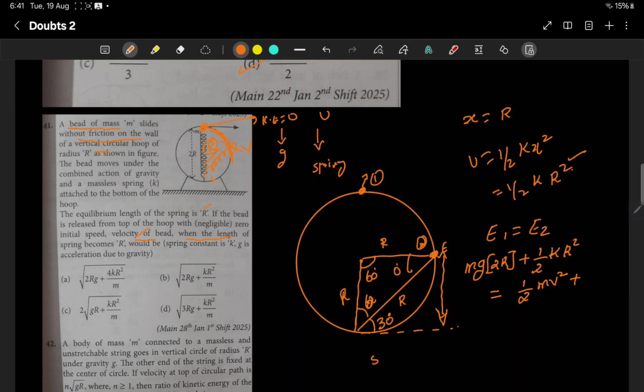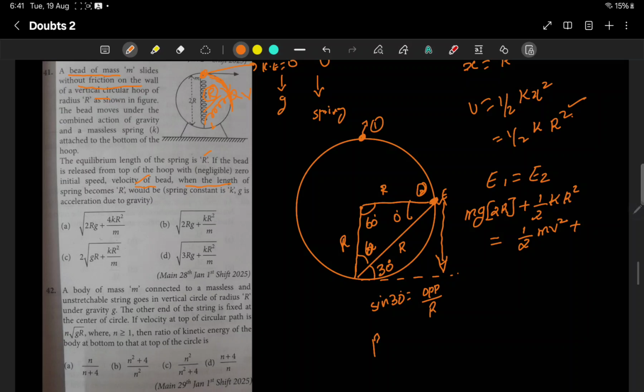If I apply sine 30°, I'll get opposite by hypotenuse. Hypotenuse is the radius. So I will get opposite as r sine 30°, which is r by 2. This distance is r by 2. So the potential energy will be mg into r by 2.